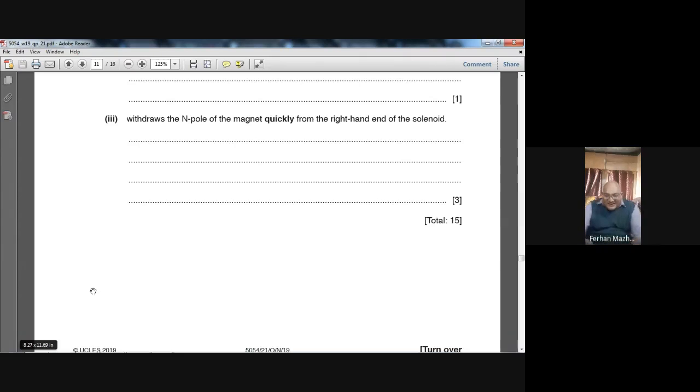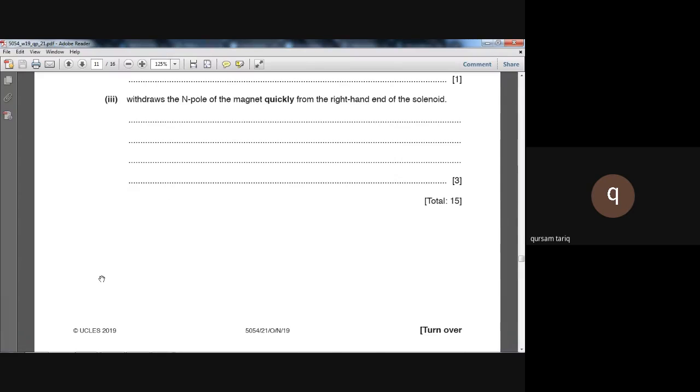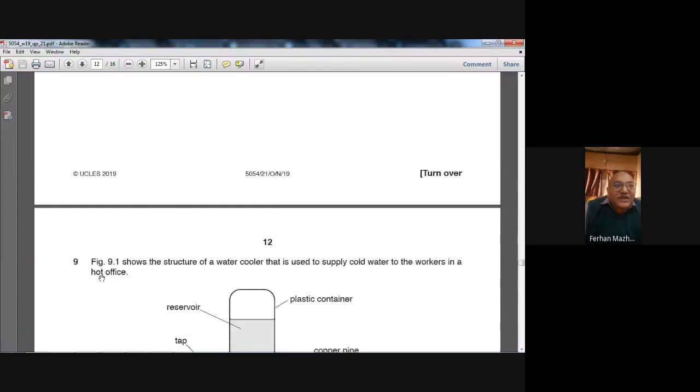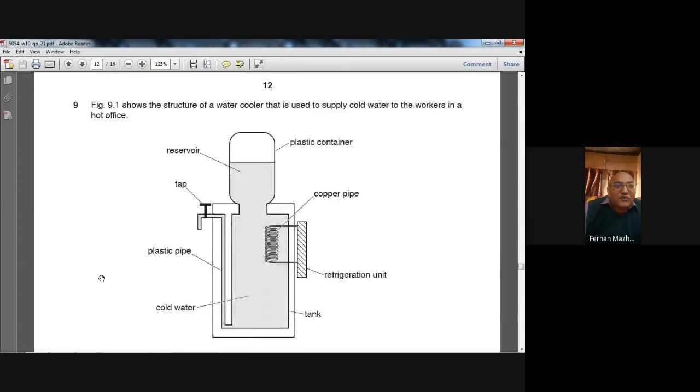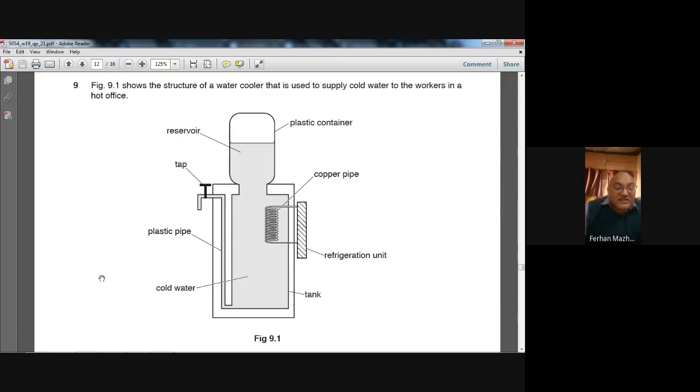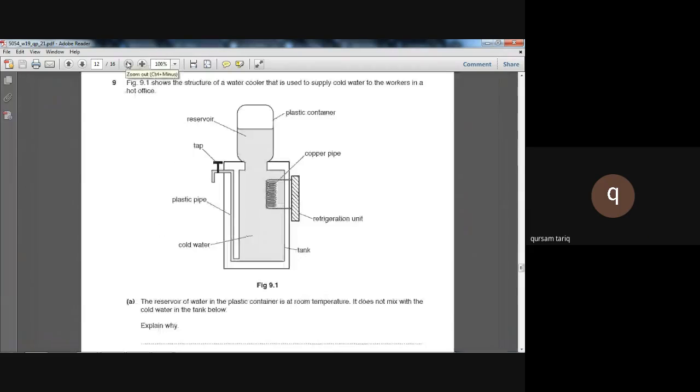Everybody has that issue, I also have some of that. Yes, sir. Sir, let us do question number 9. Okay, let's go. Kursam, we can do one thing: once it is done, you can take snaps of your work and share with us all. Okay.